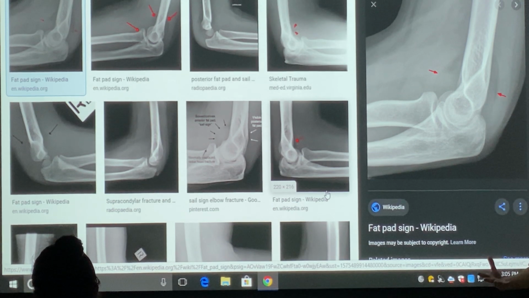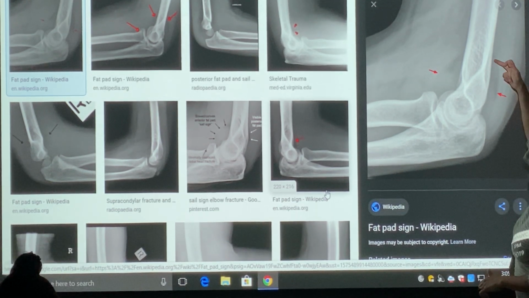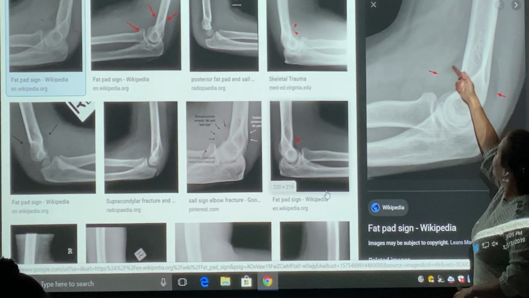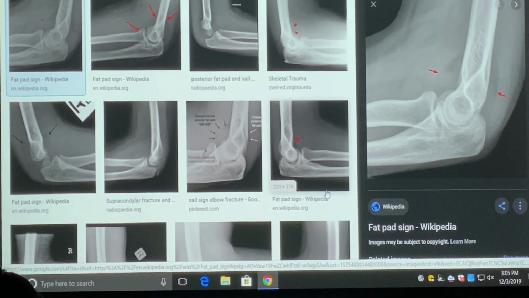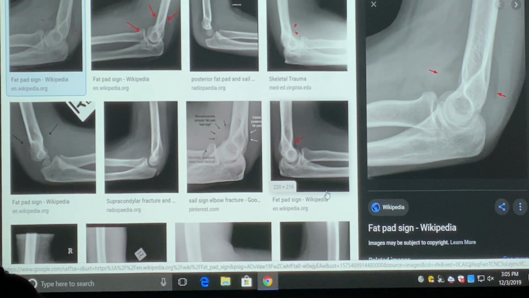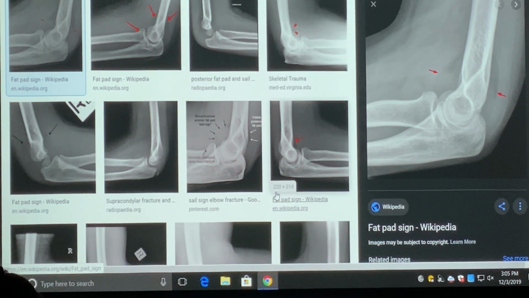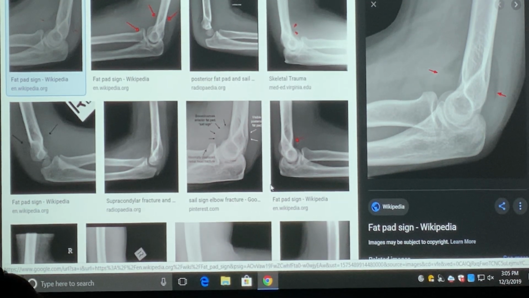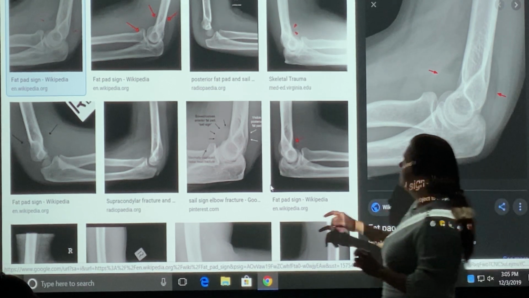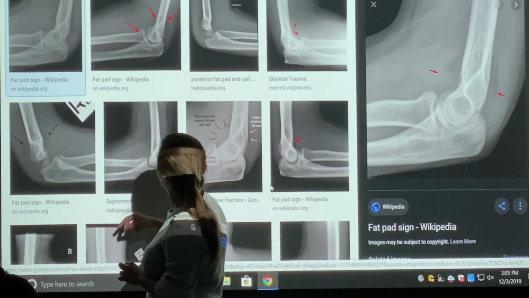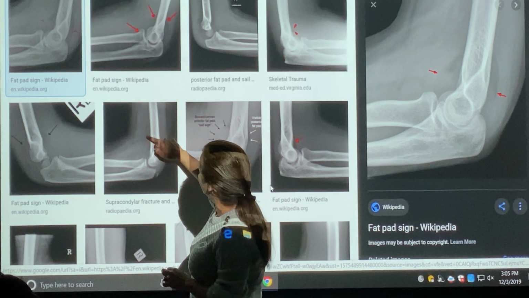So it's air in the fat area. Do you see that lining? Yeah. Dark? That's called the sail sign. Okay? So that is an indication of the fracture. The sail sign is right here. It's an indication of what? Of elbow fracture. I don't know if you're able to see the column of air here.